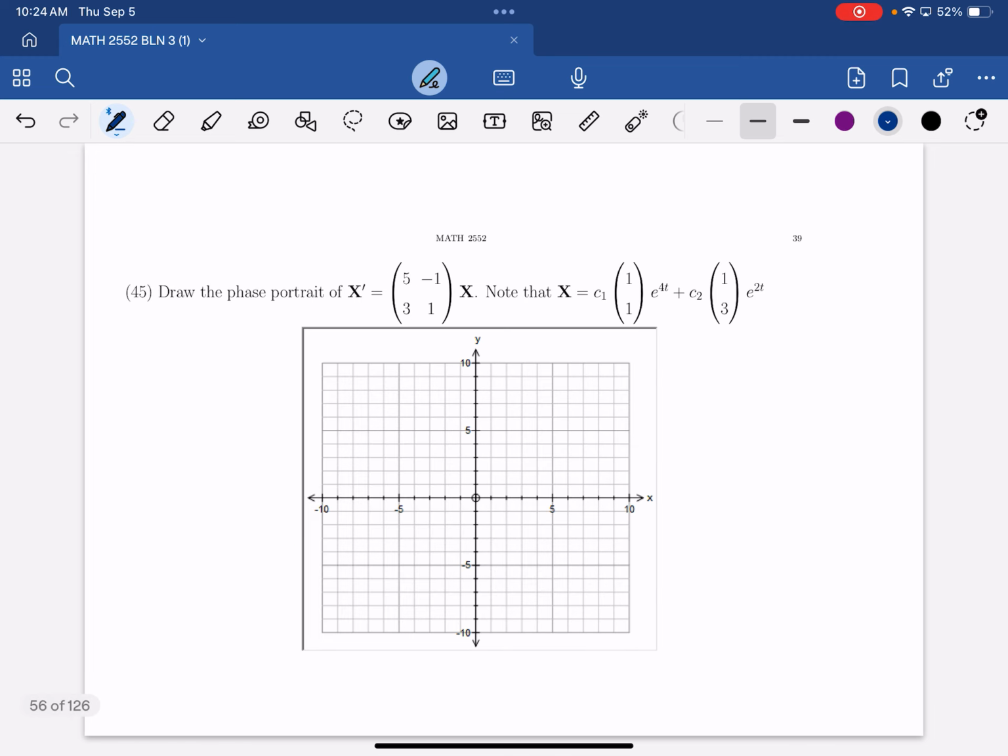So let's sketch the phase portrait now. So (1, 1) would be, that is (1, 1). So eigenvalues are positive, so the arrows are outbound. So lambda 1 equals 4. The other one is (1, 3), (2, 6).